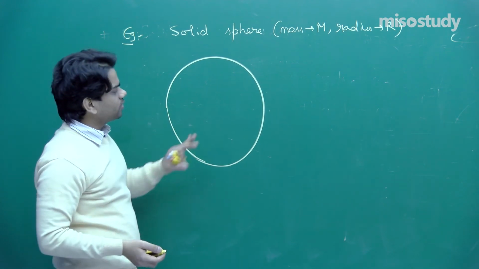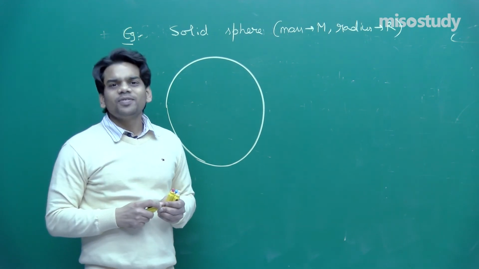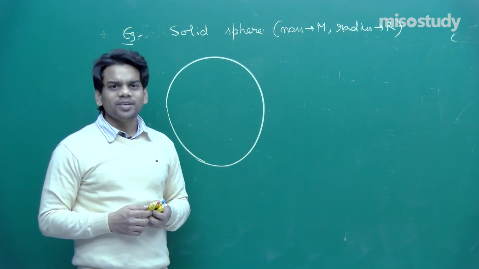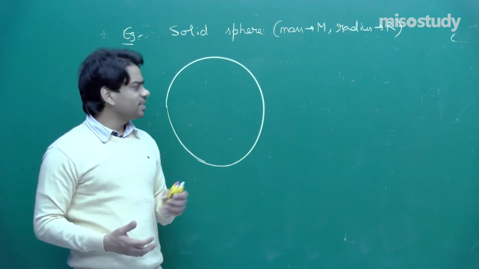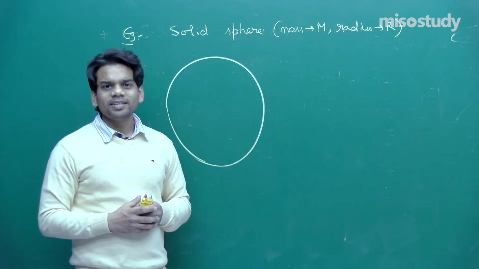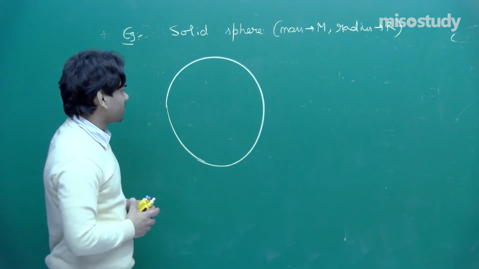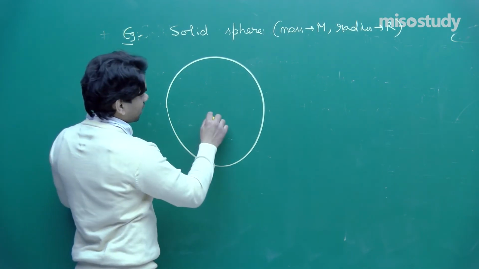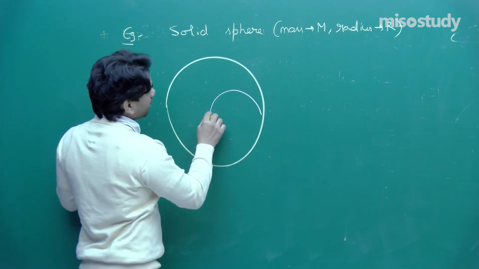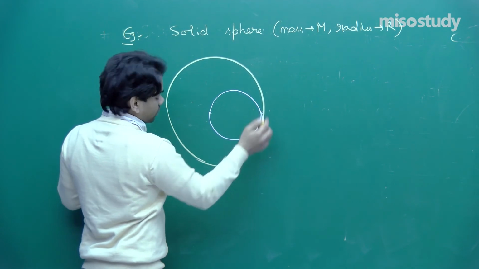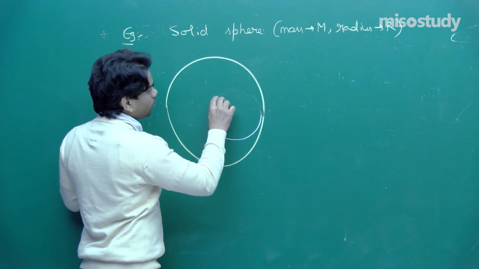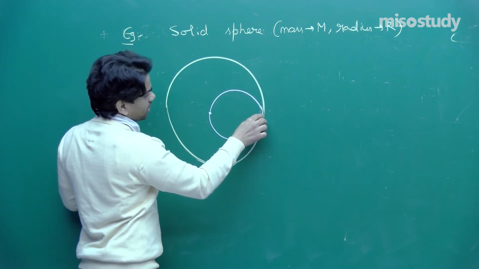Now, from this solid sphere, we have taken out a part whose radius is R by 2 in such a way that its one end is touching one end of the sphere and the other diametrically opposite end is touching the center of the solid sphere. That means we have taken out this portion which I am showing you here, a portion of the solid sphere as shown.